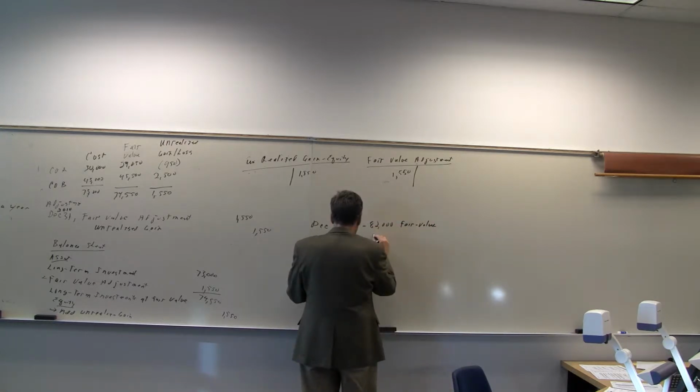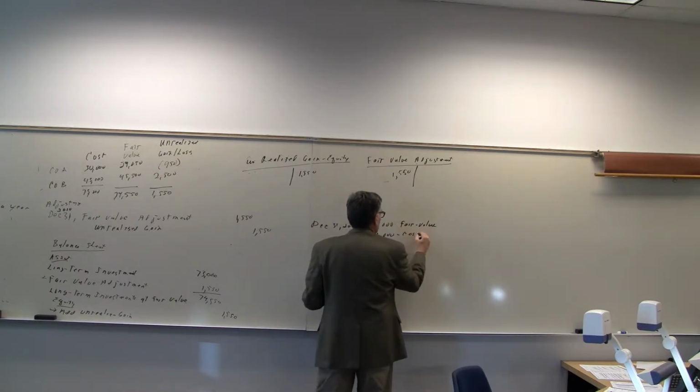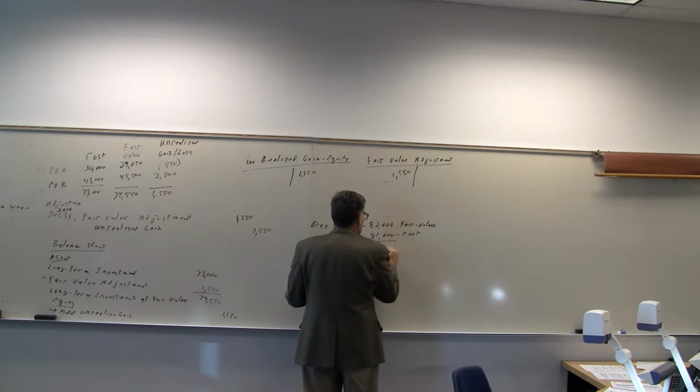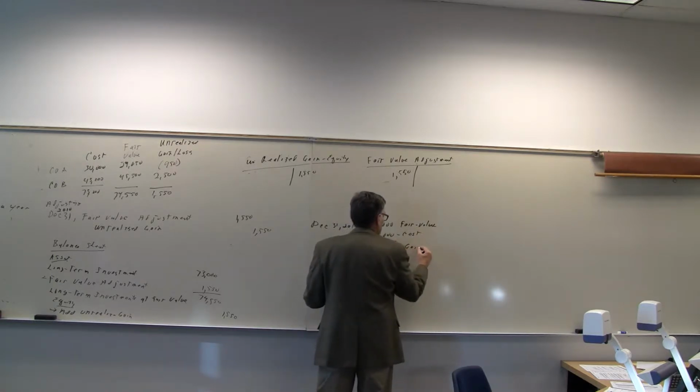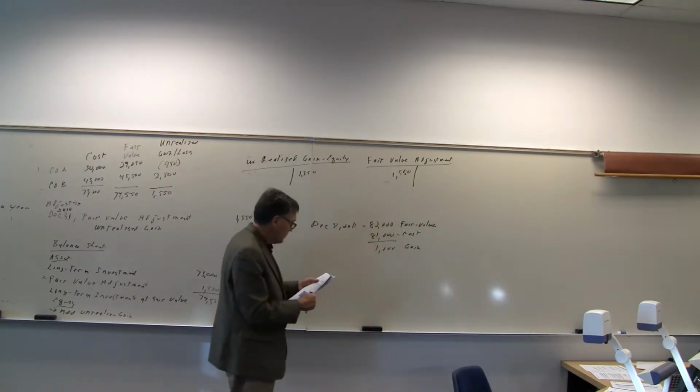The cost is 81,000. That meant there was a $1,000 gain. Okay? Does that make sense?